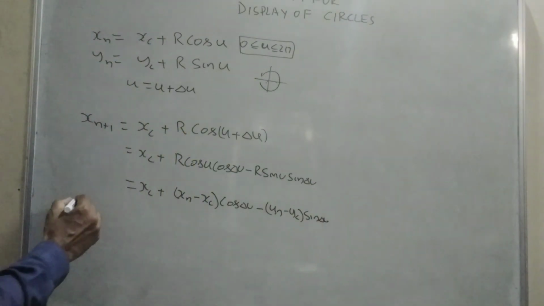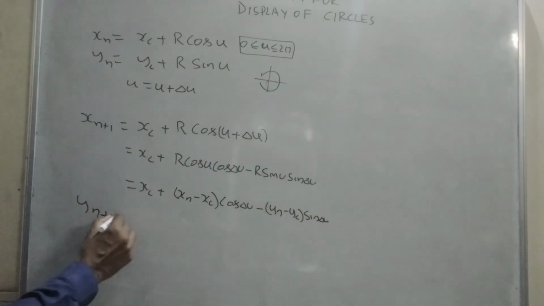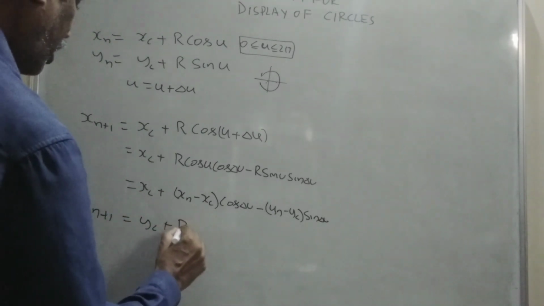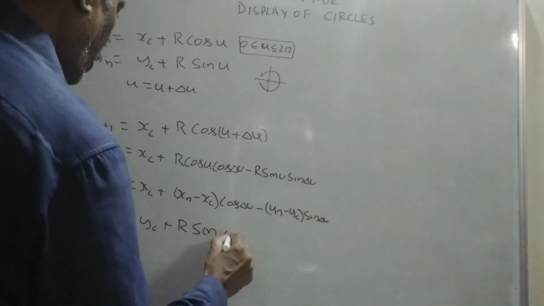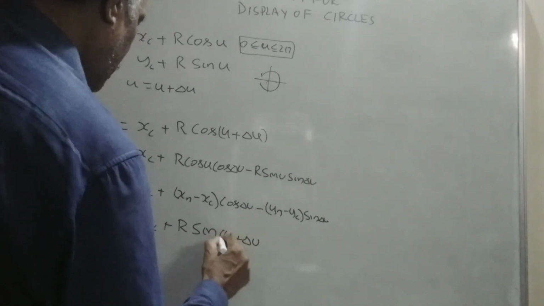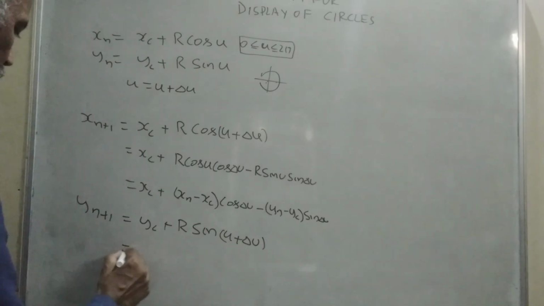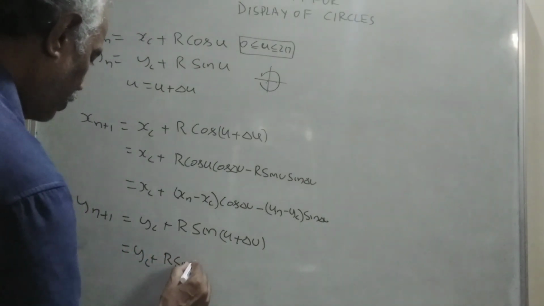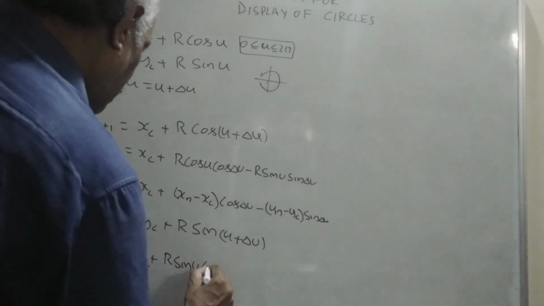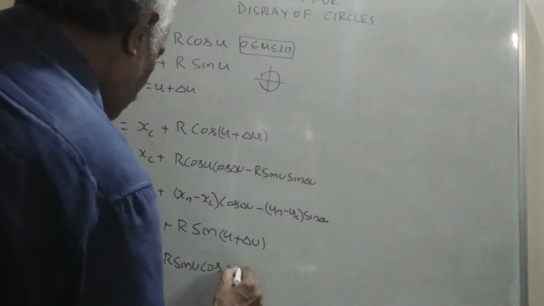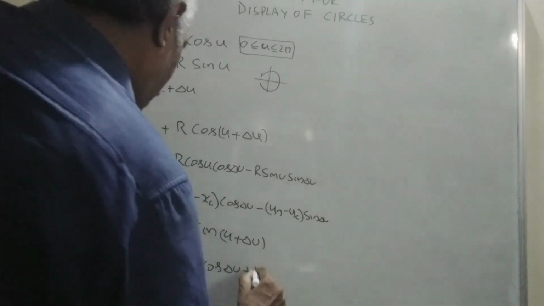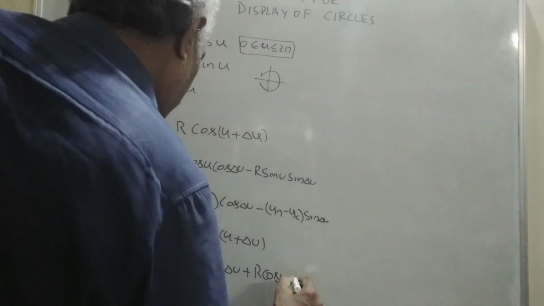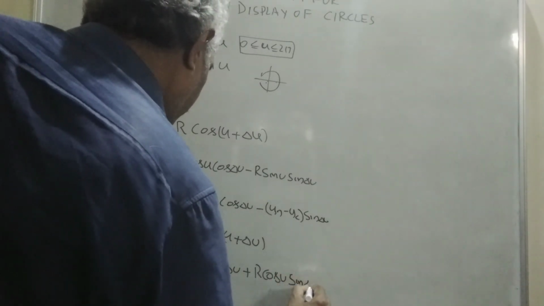Similarly, yn plus 1 is equal to yc plus r sin (u plus delta u). That is equal to yc plus r sin u cos delta u plus r cos u into sin delta u.